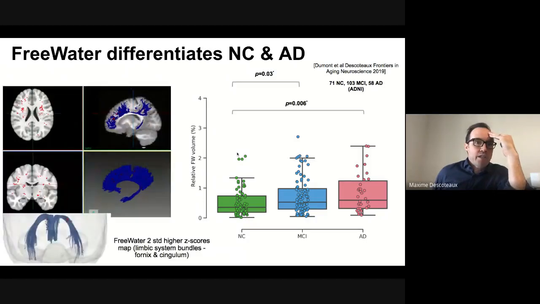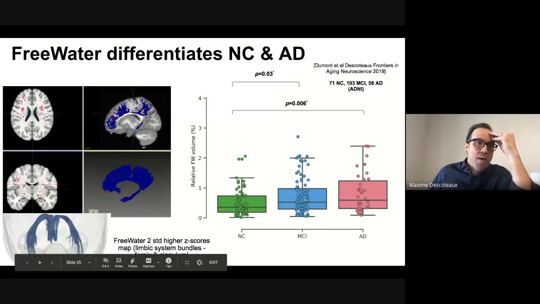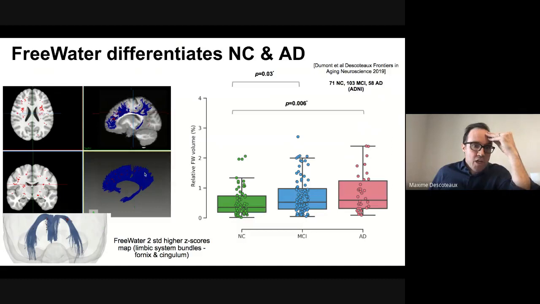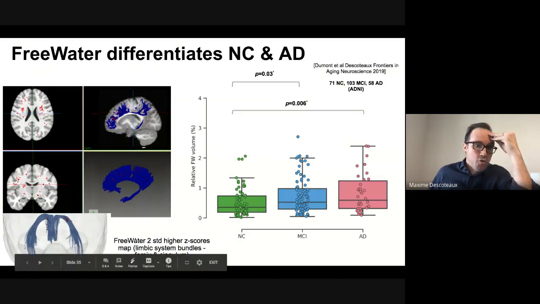And interestingly enough, if we look at where the most important differences are and what's driving these significant differences between the groups, you see the Z-scores lighting up in the brain here a bit everywhere. But if you start mapping them on white matter tracks, you see mostly the limbic system lighting up, such as the cingulum bundle, the fornix.